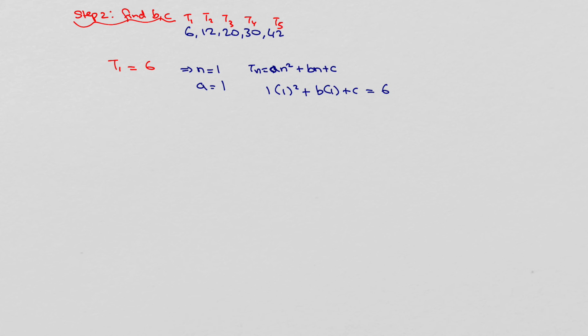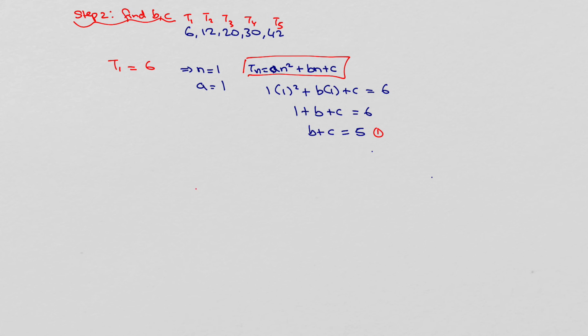So we end up with 1 times 1 squared, which is 1, plus b plus c is equal to 6. Therefore b plus c is equal to 5. So that's our first equation.